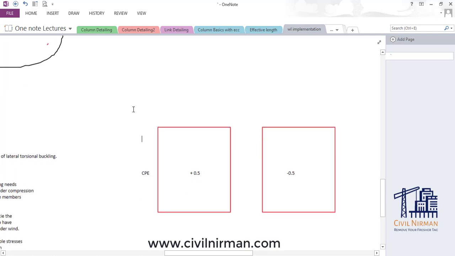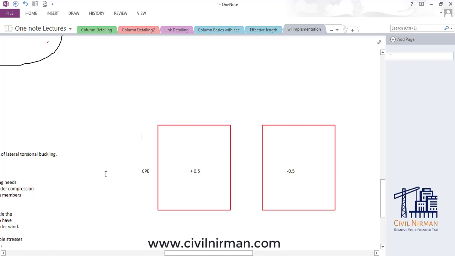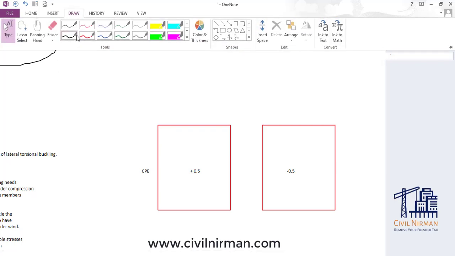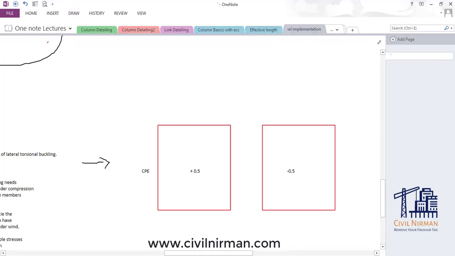So you have to work out in two categories. Let's say you are considering your wind from the 0 direction, so in that direction you have to go with plus 0.5 Cpi value, and this will be negative. So when you are analyzing your structure for the wind, you have to go first with the plus 0.5 Cpi, then with the minus 0.5 Cpi for 0 degree.